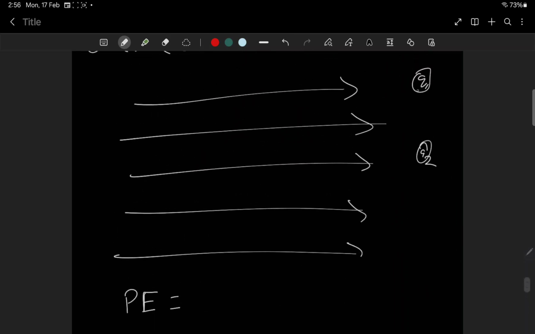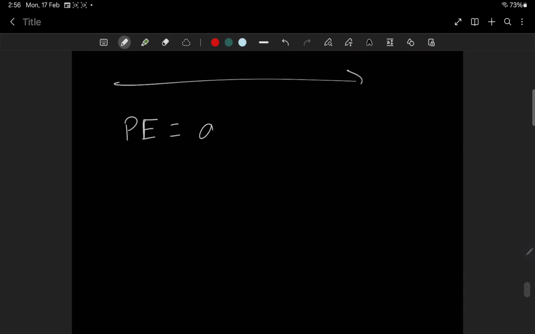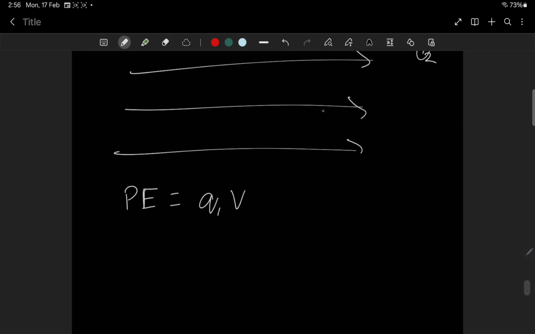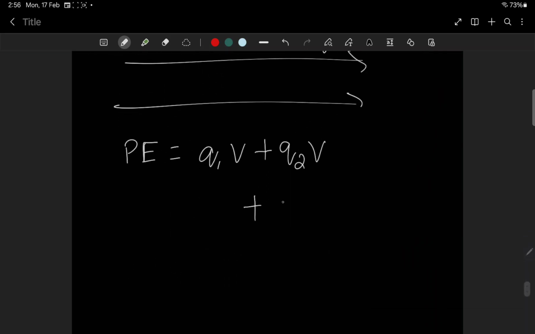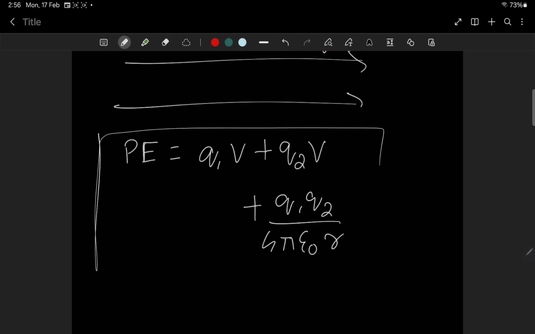First, the work done in bringing Q1 into this electric field is Q1 into V, where V is the potential of this electric field. Then I should bring Q2 into this electric field, that is Q2 into V. Next I have to write the potential energy between Q1 and Q2, that is Q1 Q2 by 4 pi epsilon 0, and the distance between them R. This is the total potential energy.